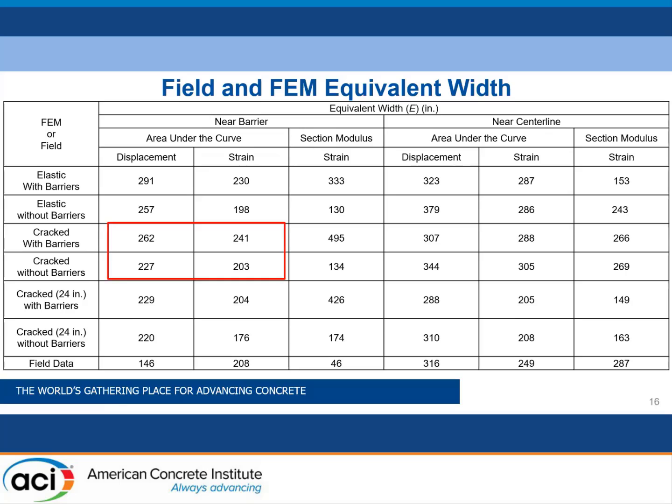Additionally, the area under the curve method provides the most consistent results, whereas the section modulus can have extremely different values depending on how the equation is written and whether or not the barriers are included or excluded in the modeling.